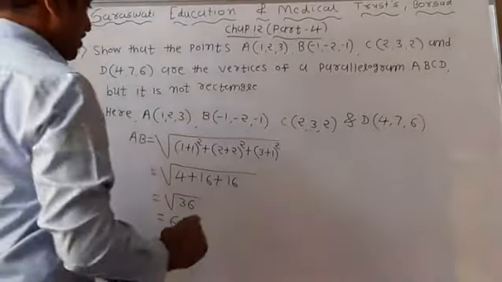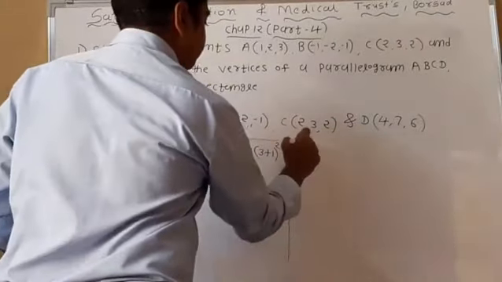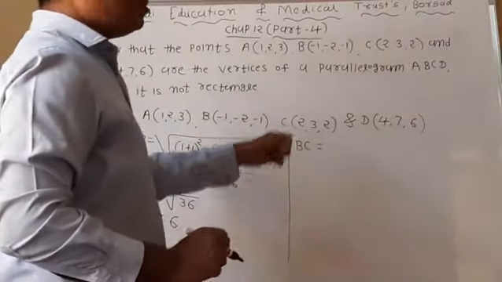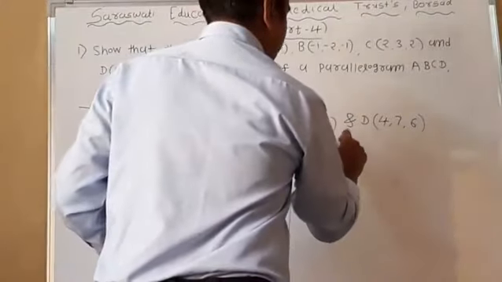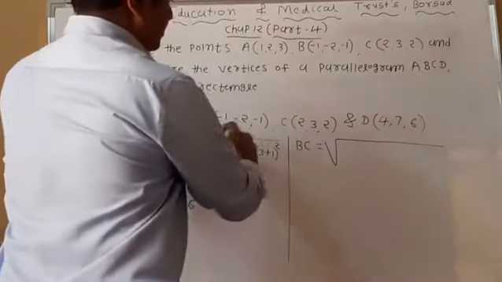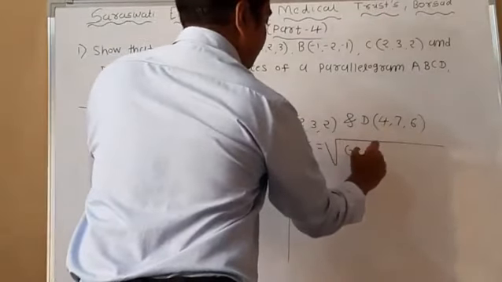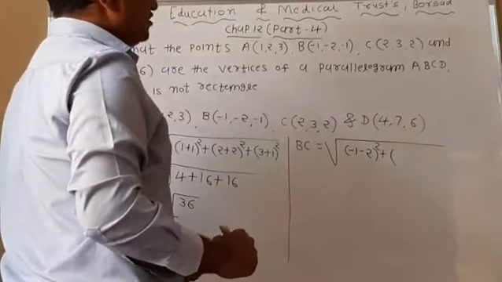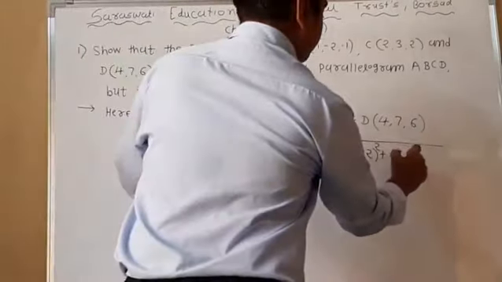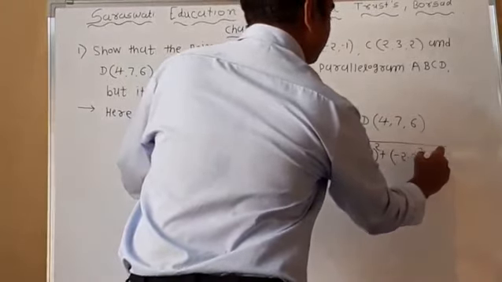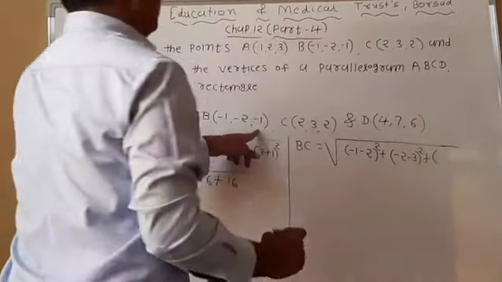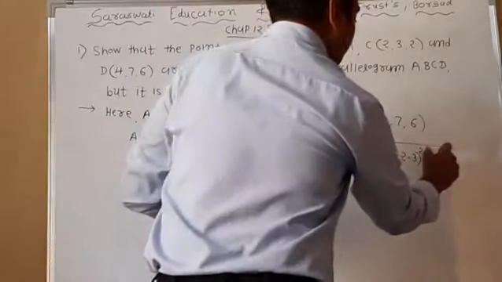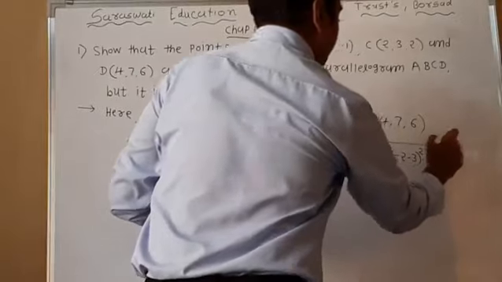Now find BC. So BC is equal to the distance of B to C. That means (-1 - 2) whole square plus (-2 - 3) whole square plus (-1 - 2) whole square.